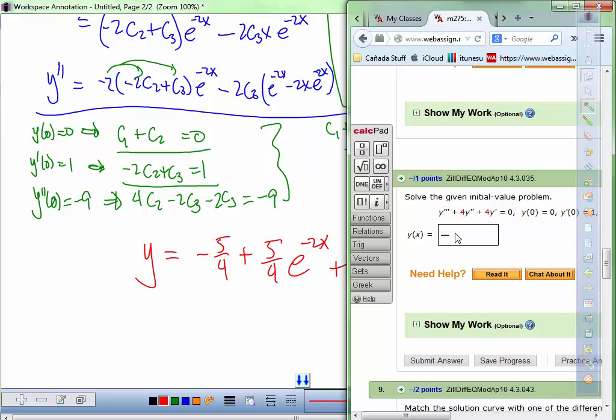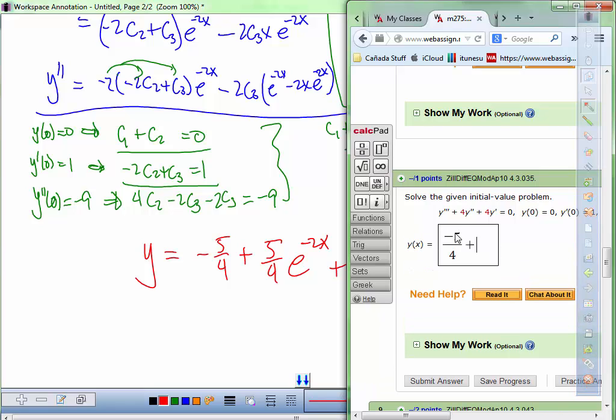Let's see, negative 5/4 plus 5/4 e to the negative 2x plus 7/2 x times e to the negative 2x.